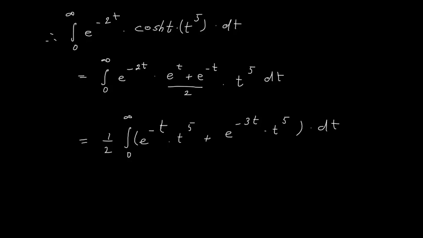So actually I have two integrals. One is 1 upon 2 integral 0 to infinity e power minus t into t power 5, and I have another integral 1 upon 2 integral 0 to infinity e raised to minus 3t into t power 5.